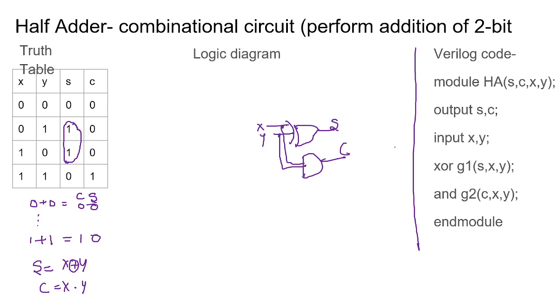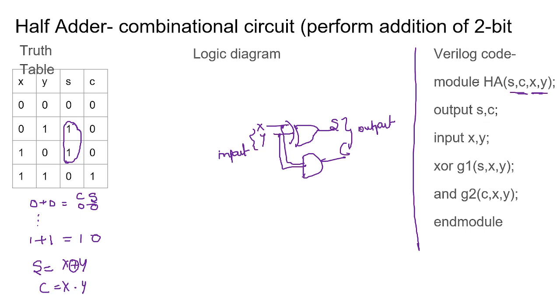No. We will define x and y as input port, and sum and carry as output port. Then this is gate level modeling, where we call the primitive gate XOR, then the name of the instance, then the sum output, comma, input. So this is the Verilog code for the half adder.